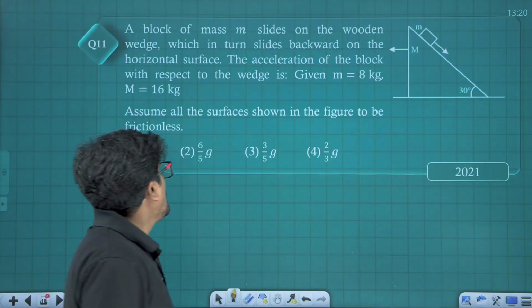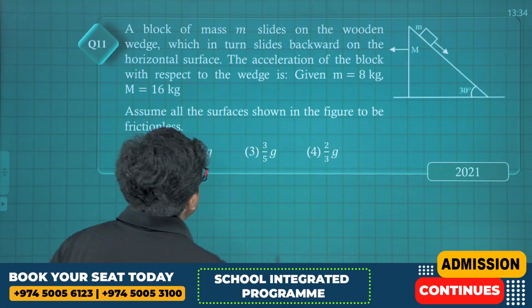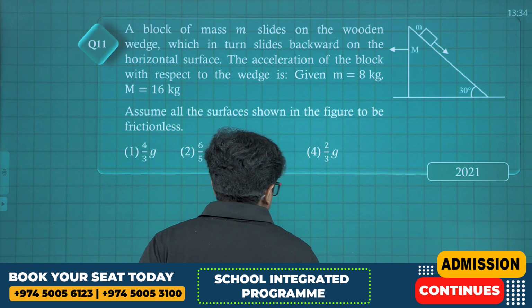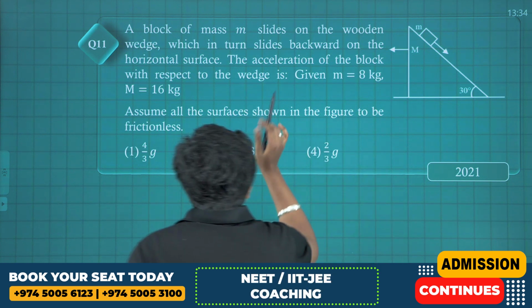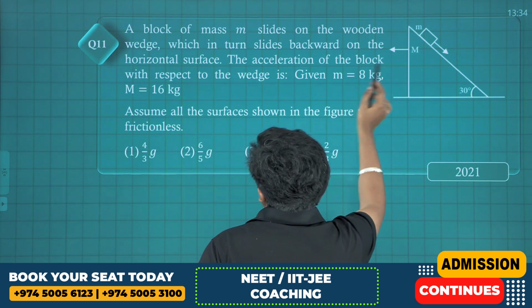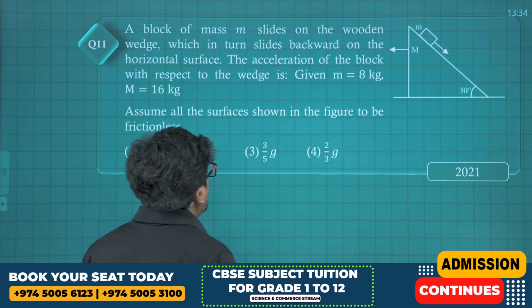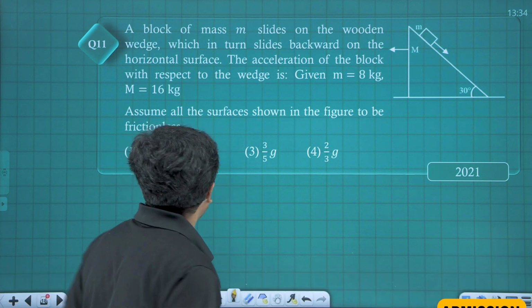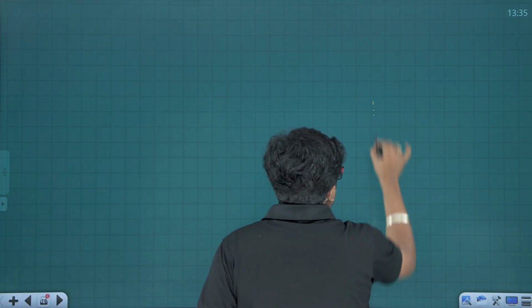Okay, so here comes the next, that is, a block of mass small letter m slides on a wooden wedge, which in turn slides backward on the horizontal surface. The acceleration of the block with respect to the wedge is, that's the question. So let's consider the situation first.